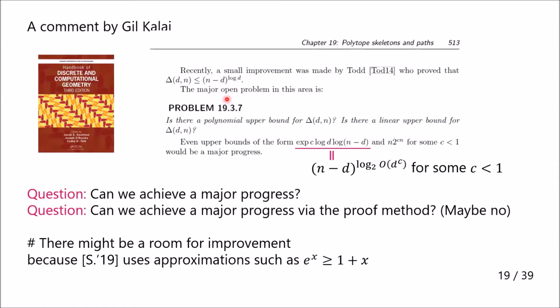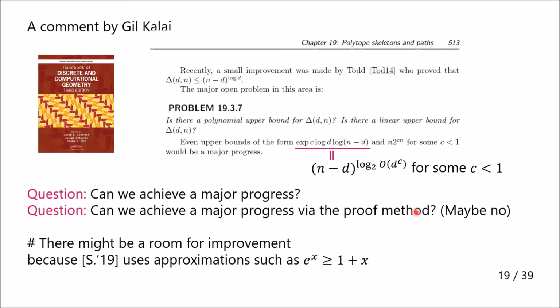And he also points out such an open problem: even upper bounds of this form for some c less than 1 would be a major progress. And this function can be written as n minus d to the power of log of order d to the power of c for some c less than 1.